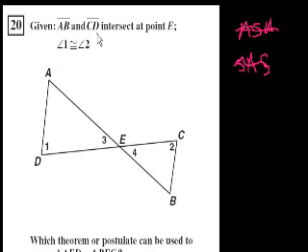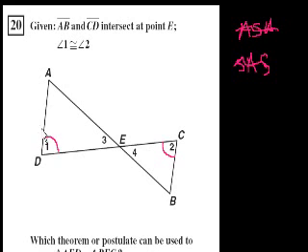Given that AB and CD intersect at point E, fair enough. And they tell us that angle 1 is congruent to angle 2. So that and that are equal. All right, so already those look like alternate interior angles if this line were parallel.